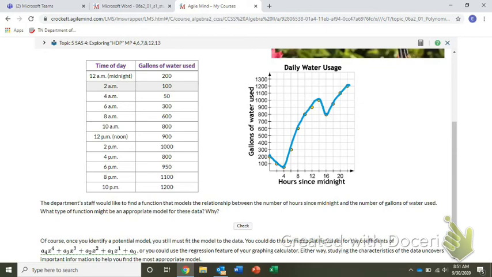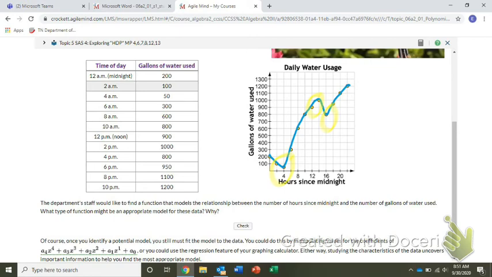Okay. So we have something called an extreme value. Extreme values are maximum and minimum points. Here's a minimum, here's a maximum, and here's a minimum. When you look at max and min points, your degree is going to be one more than the number of extreme max or min values.